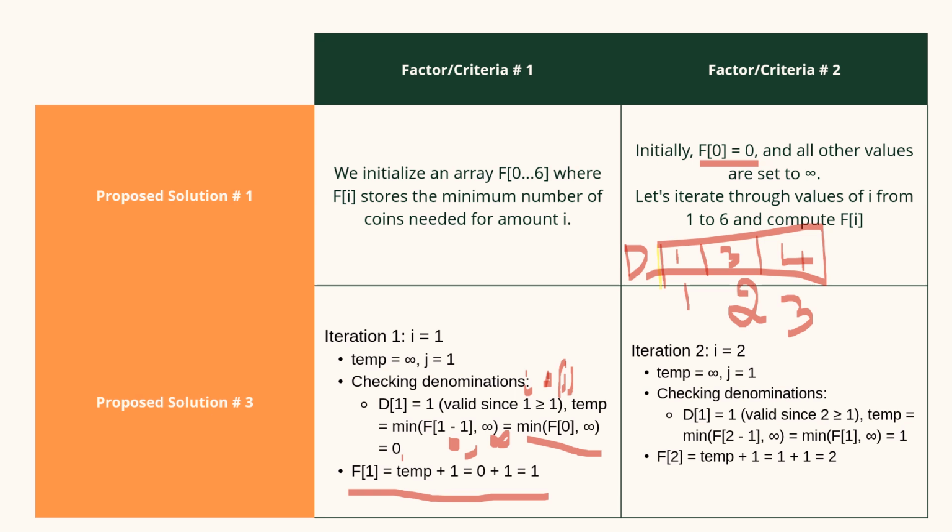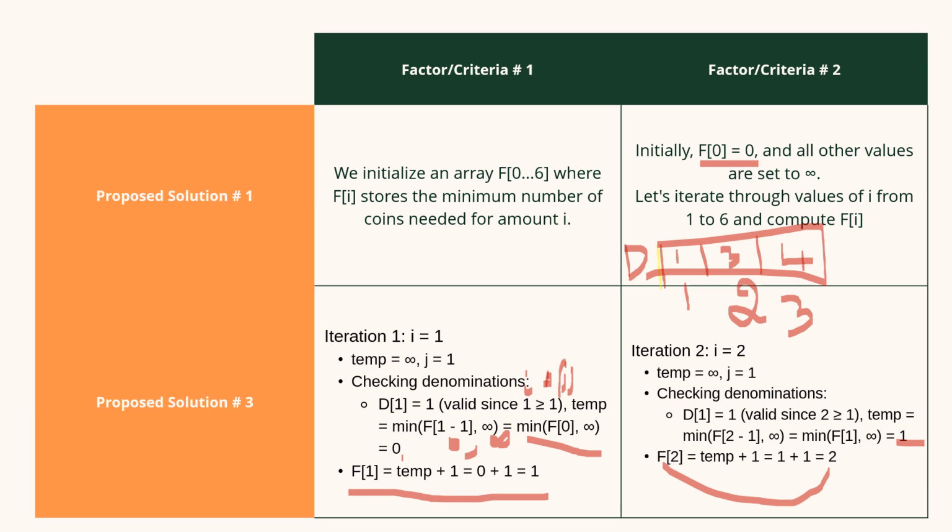So now update f2. By taking the previous value we should update the value of f2. The updated value of temp was 1. So 1 plus 1 is equal to 2. So f2 is now equal to 2.